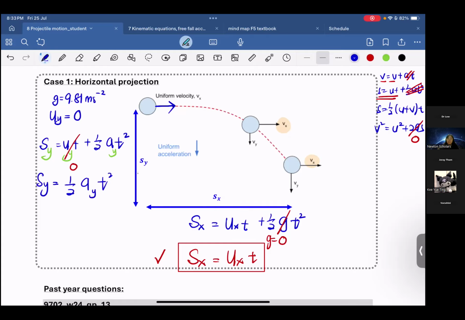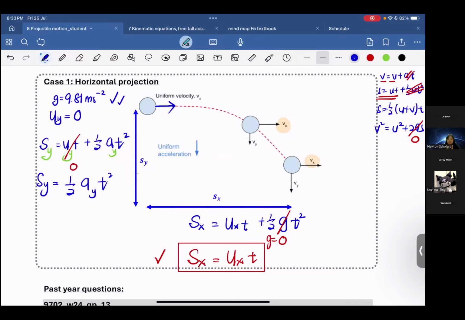The a here is the vertical, which is our 9.81. Besides this formula, you can use other formulas also, as long as you know that g is 9.81. If they throw horizontally, your initial velocity for vertical will be 0.